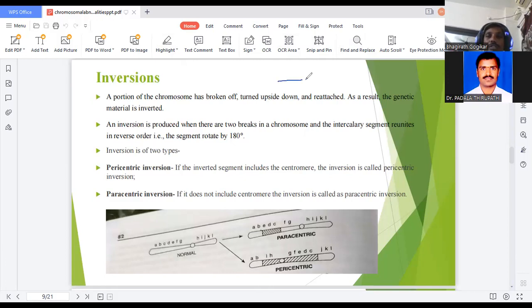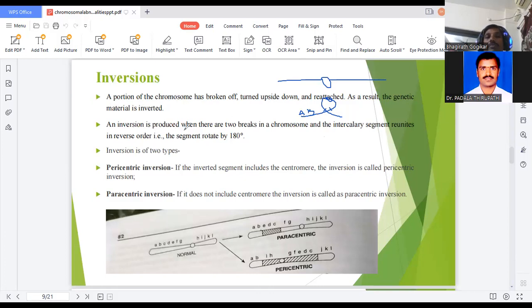So this is the chromosome, and this is its centromere. This chromosome rotates 180 degrees like this. On either side it will be broken and reattached. So this type of chromosomal aberration is called inversion. A portion of the chromosome has broken off, turned upside down and reattached. As a result, the genetic material is inverted.